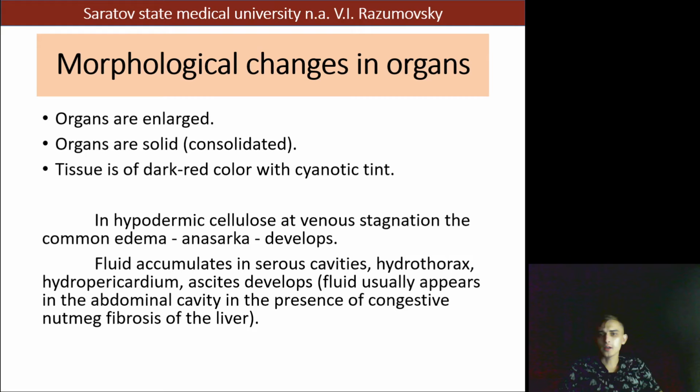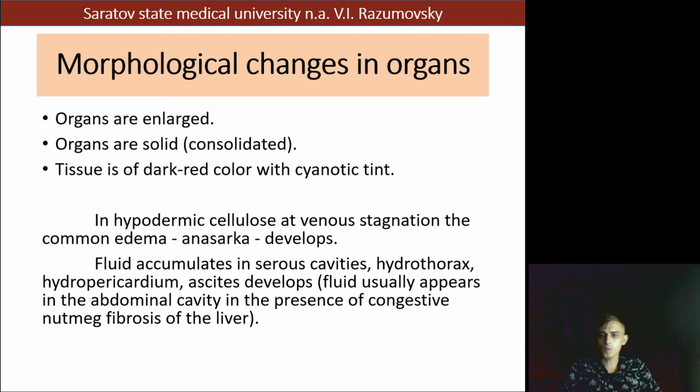In hypodermic cellulose at venous stagnation you may find edema or anasarca. Fluid accumulates in serous cavities. It will be associated with formation of hydrothorax, hydropericardium, ascites, and other accumulation of fluids in cavities of our body.